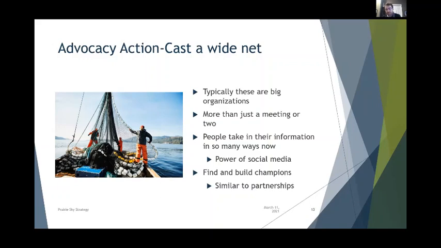And the other bullet, which I haven't mentioned on this slide yet, I would just like to highlight again, on that casting a wide net, be cognizant that there are other stakeholders out there, other asks and demands of government, and just as you take in your information in different ways now compared to before, government is the same. They're getting a ton of voices at them. Information travels differently now. It travels so much quicker, where before I think we were all getting our information from the newspaper.